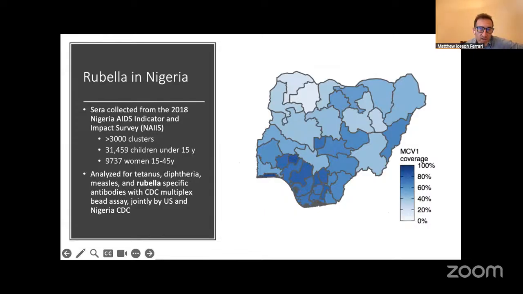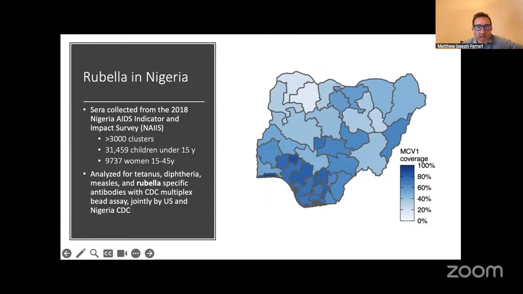Measles vaccination coverage, which is the assumption of what rubella vaccination coverage would be in the future, is quite high in the south and much, much lower in the north. So there are parts of the country that are above the introduction threshold, and there are parts of the country that are below the introduction threshold. So this gave an opportunity to look across this gradient in a single setting, with consistently collected data.